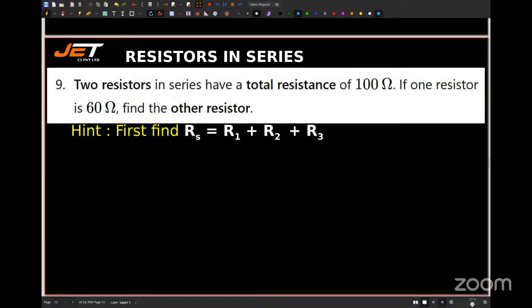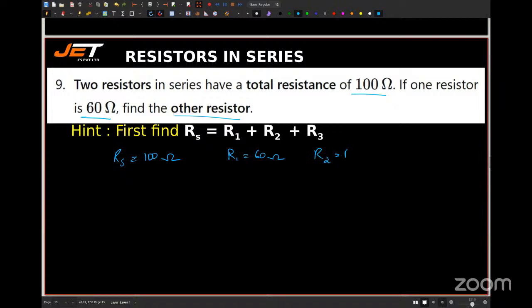Two resistors in series have total resistance of 100 ohms. If one resistor is 60 ohms, find the other resistor. This should be a very easy question for you. I'll wait for 2 minutes and see how many of you can answer this. Okay. RS is given as 100 ohms. R1 is given as 60 ohms. We need to find out what is R2.